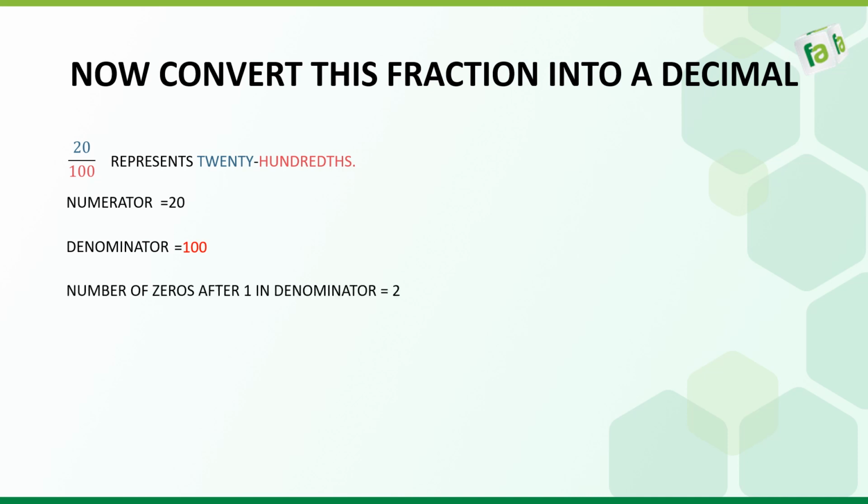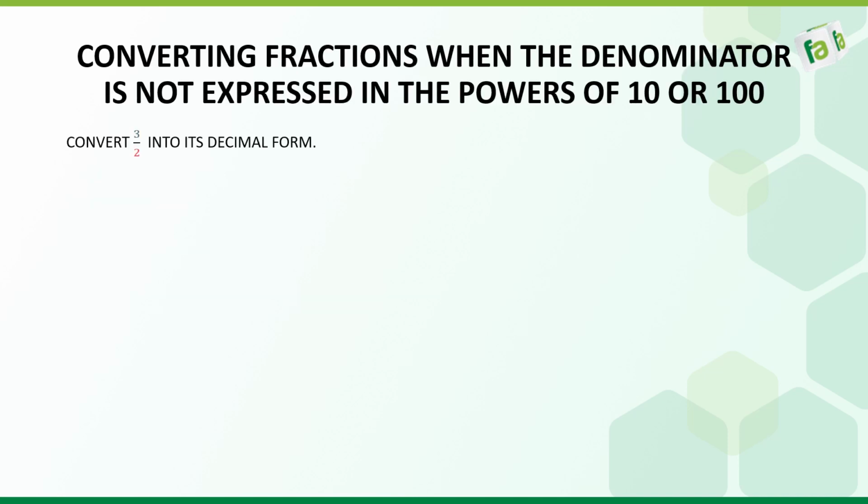So, there are two zeros. Finally, the decimal will be placed two places before the numerator, that is 0.20. Therefore, the answer is 0.20.